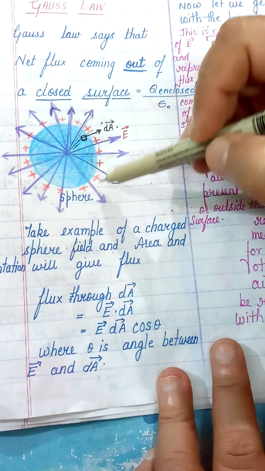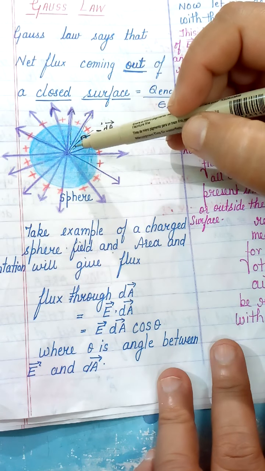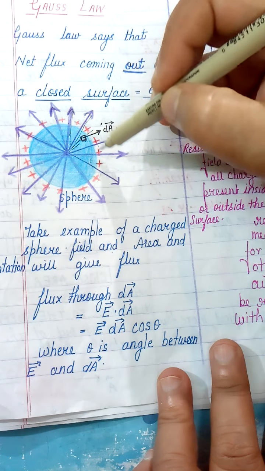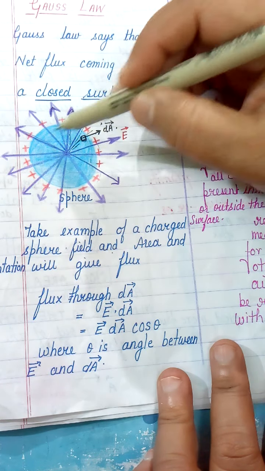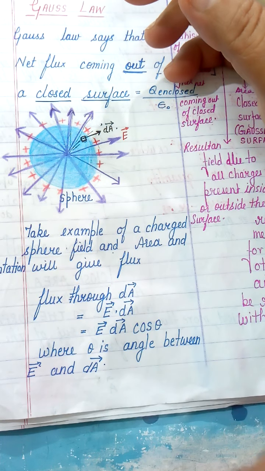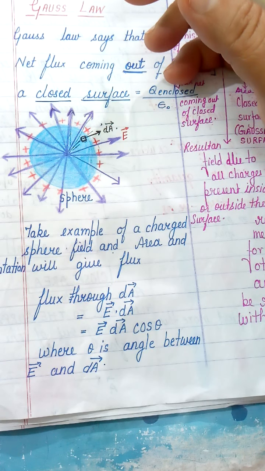I have taken this spherical surface because here charge is distributed on the surface because it's a conductor. I have taken a spherical surface. It can be a spherical shell which is non-conductor, but since it is a shell, so if you provide charge uniformly on the surface, it has to reside on the surface only.